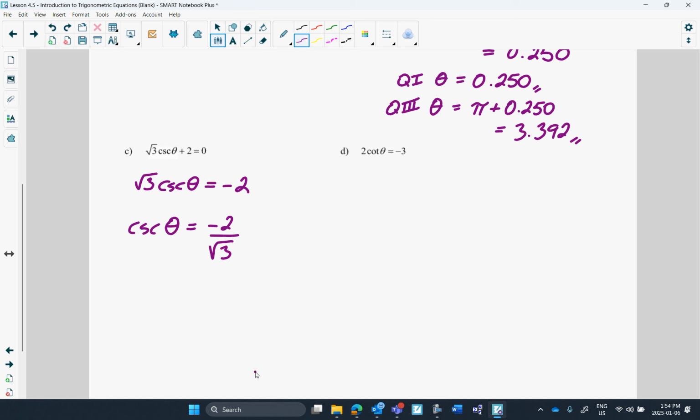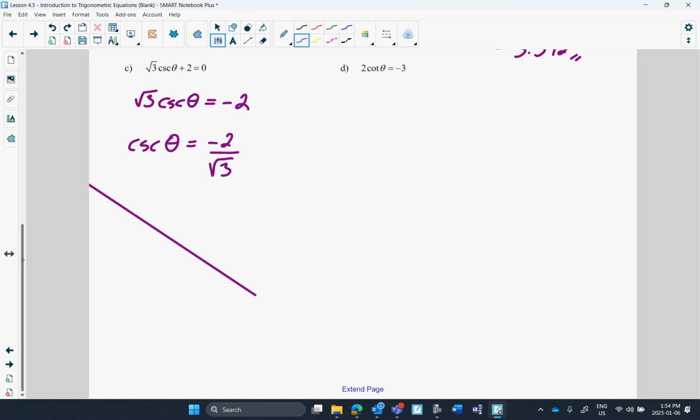But I don't know how to do the reciprocal ones on the unit circle. I only know sine, cos, and tan. What does this flip to?